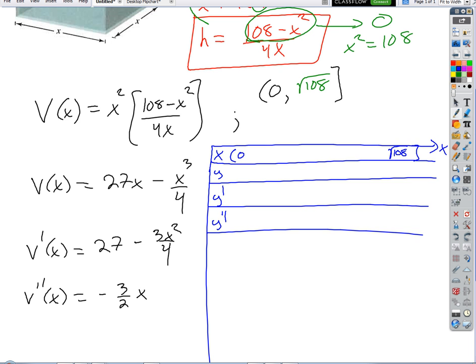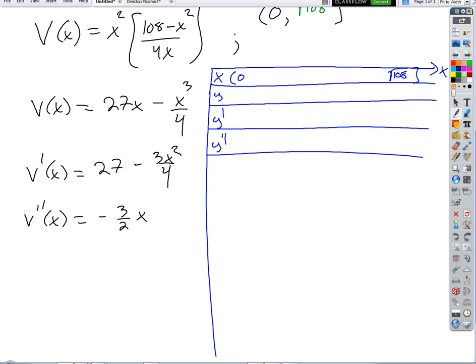Up to square root of 108. And let's find our critical numbers. So if we look at the first derivative, nowhere is it undefined, right? So we're just gonna solve this, find the zeros. So to find the zeros of our first derivative, that's just gonna be when x squared equals 4/3 times 27, so 36.